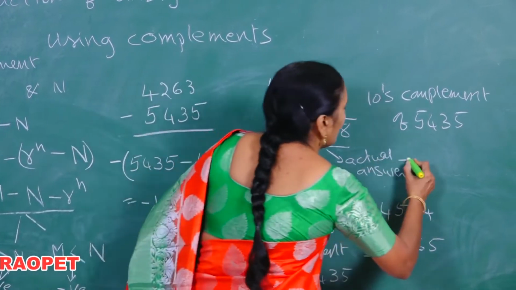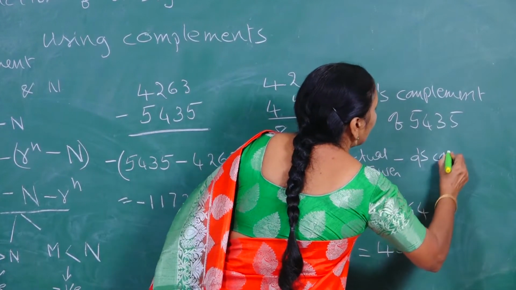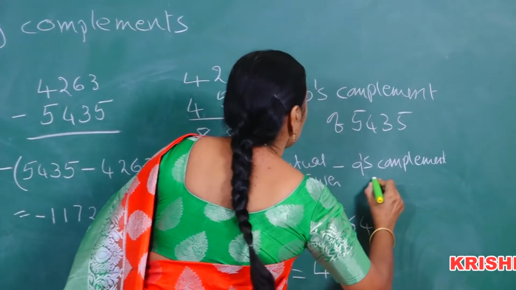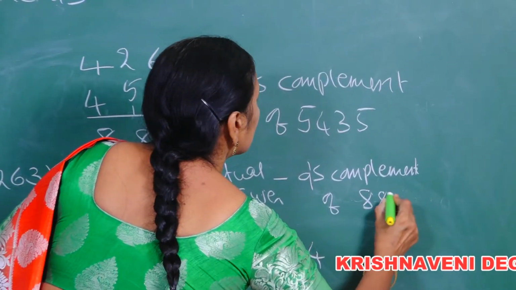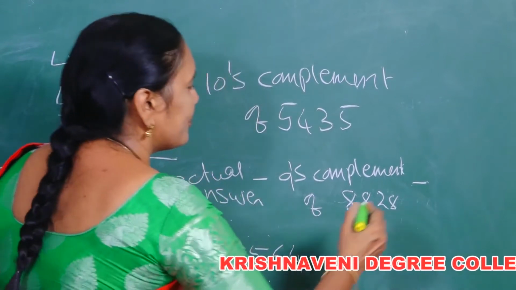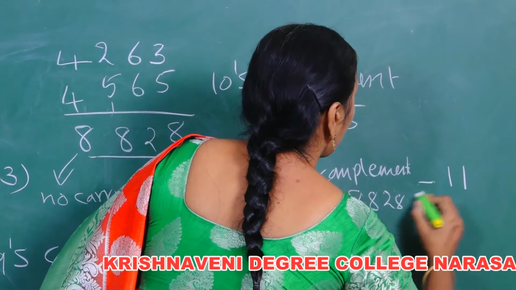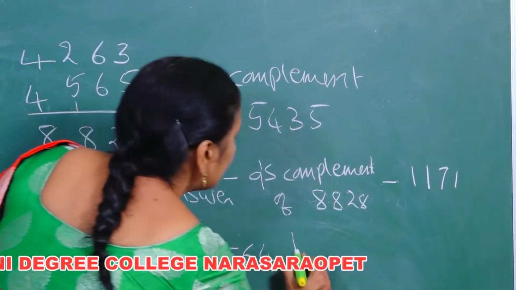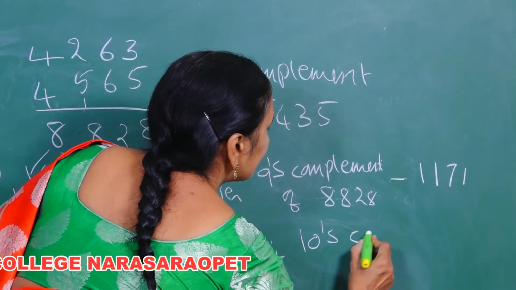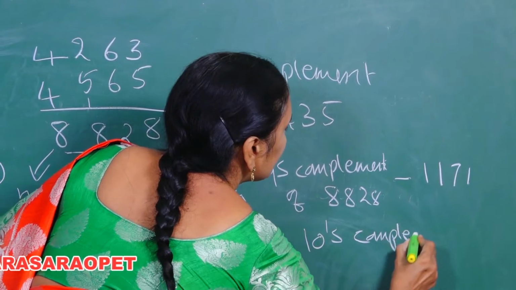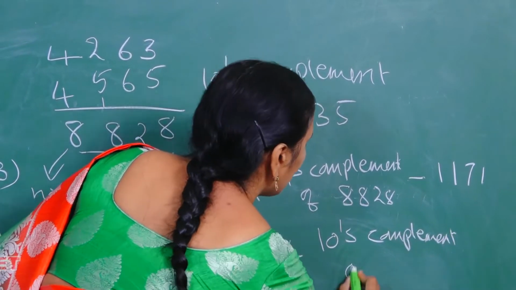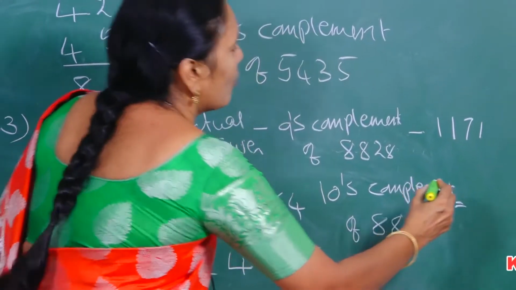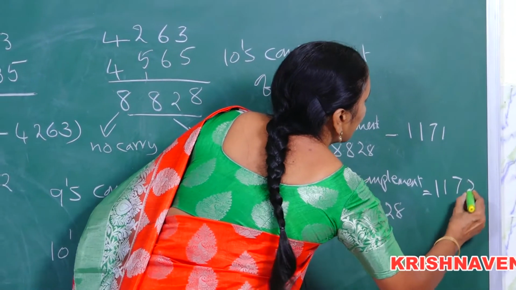So, the 9's complement of 8828 will be 1171, and 10's complement will be 1172.